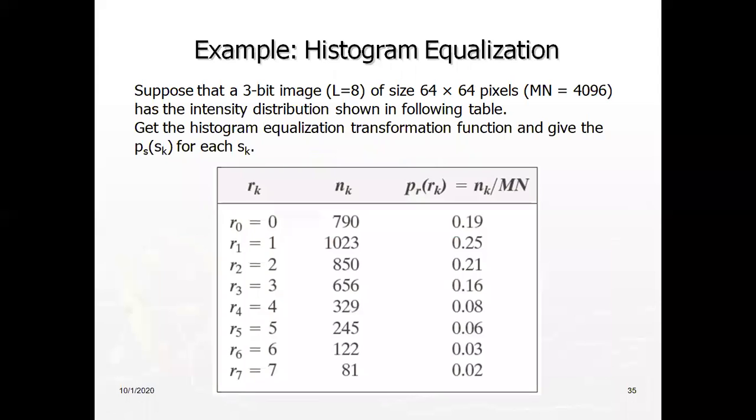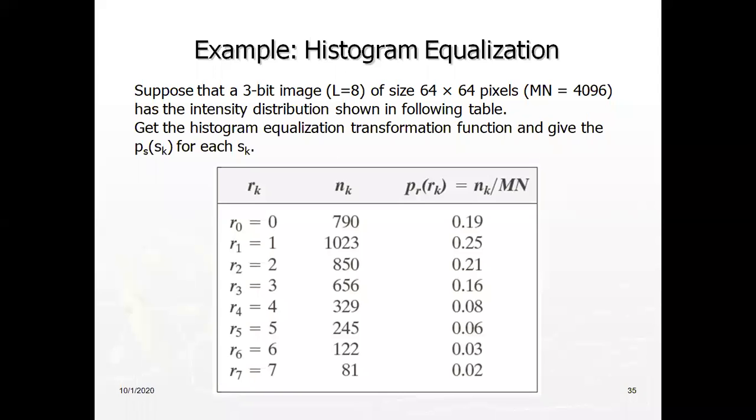Suppose we have a 3-bit image, that is L equal to 8, since 2 to the power of 3 is 8, of size 64 into 64 pixels. So M and N are 64 and 64, and MN will be 4096.